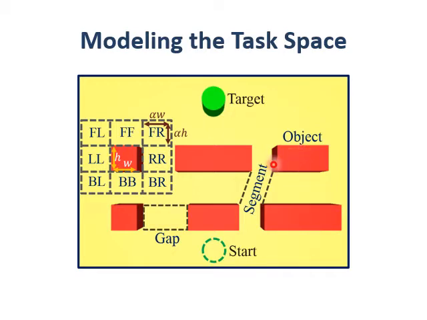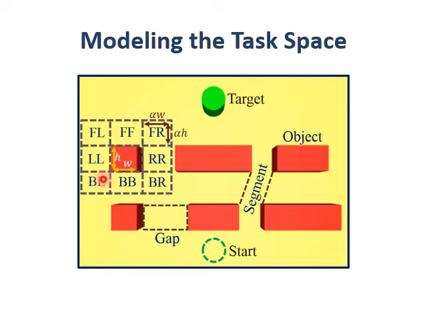The part of the free space that is used to connect between rows is called a segment. To move an object, we discretize the space around it into 8 directions. For example, FR is forward right, BL is back left, and so on.